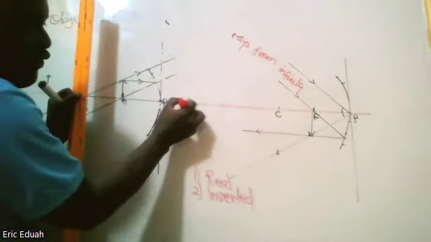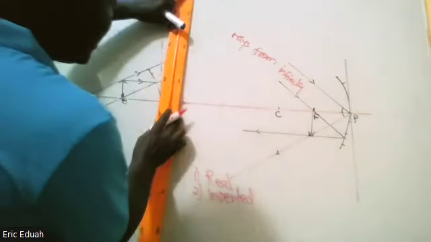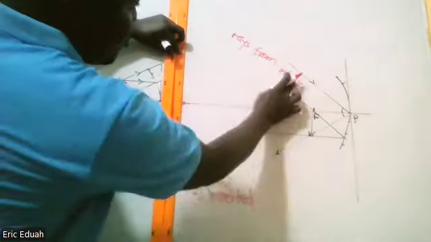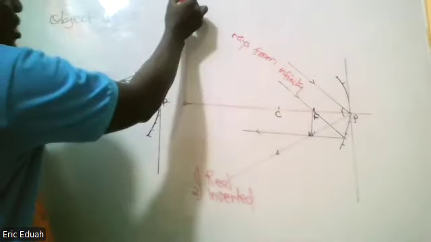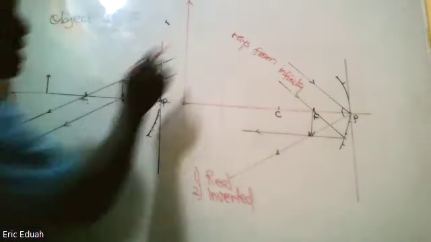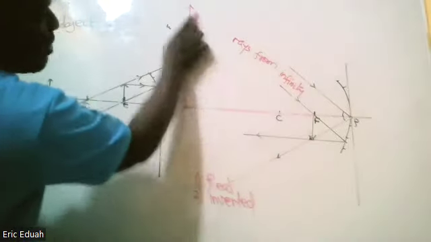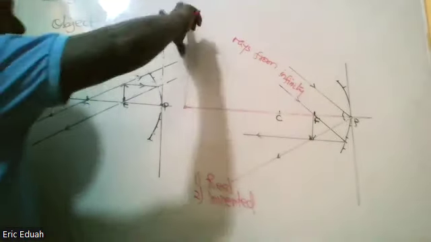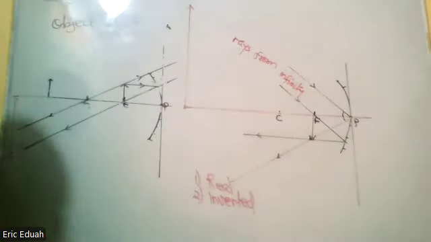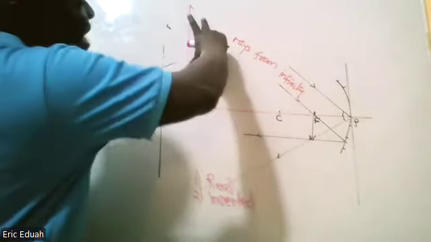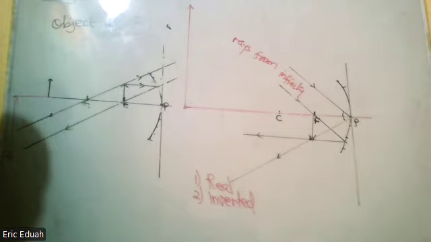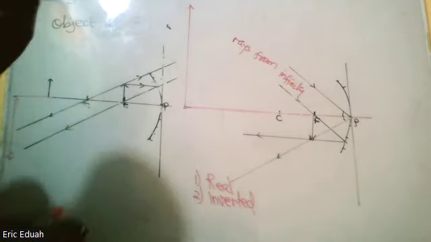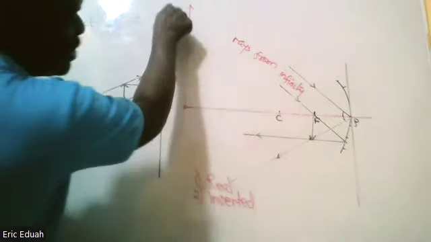So if you assume infinity is at this end, then these two incident rays may be coming from a point like this. So there's the head of the object, meaning the two rays are coming from this object. When you compare the object and the image, you realize that the object size is so large, meanwhile the image size is reduced, even when we are imagining that infinity is just at this point.